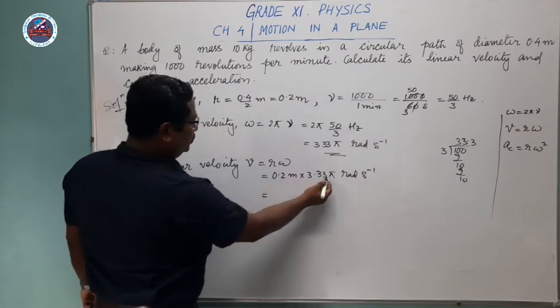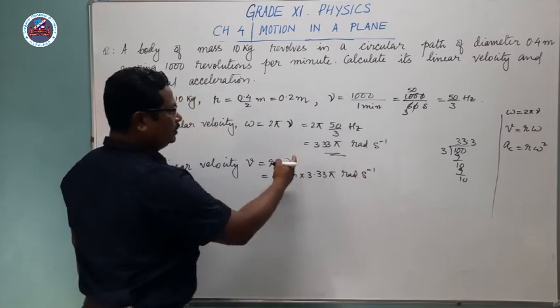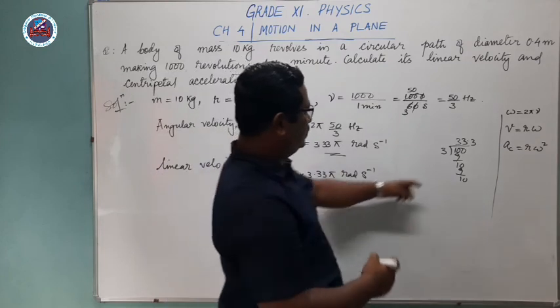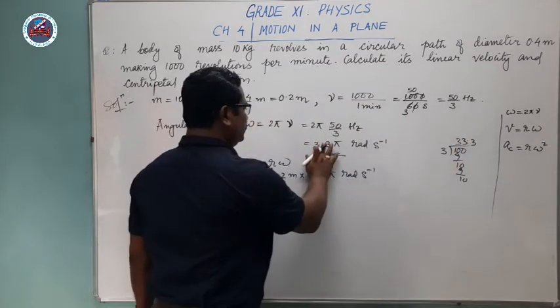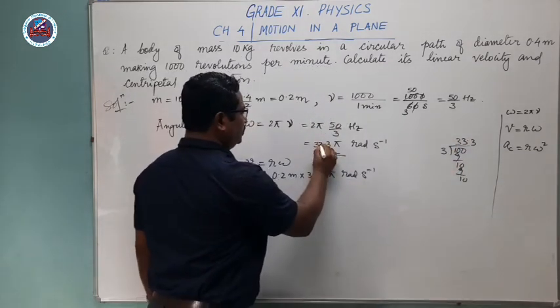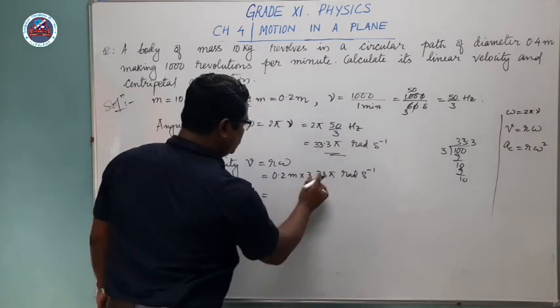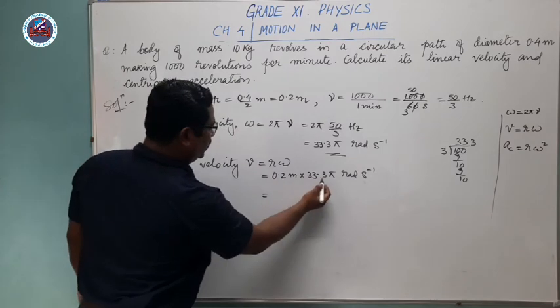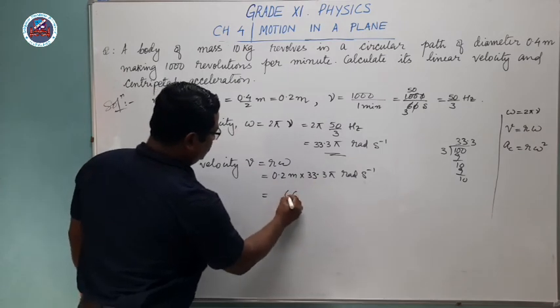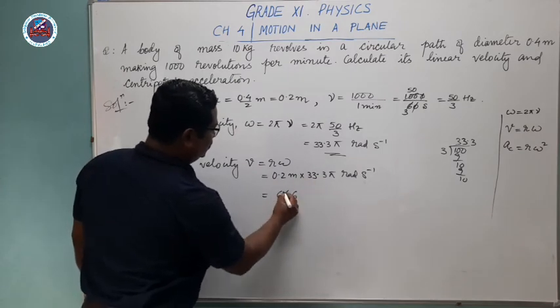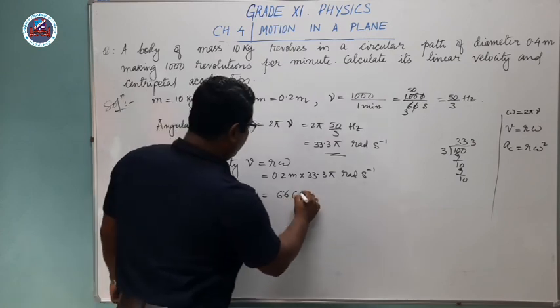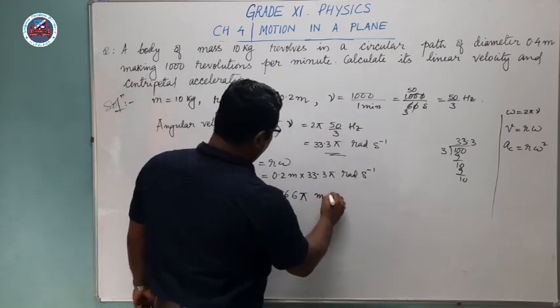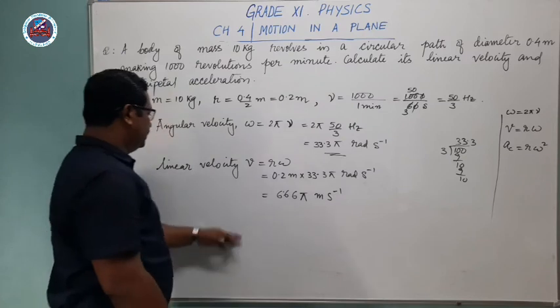So 0.2 into 33.3 pi gives 6.66 pi. Linear velocity is in meter per second. You can use your SI unit.